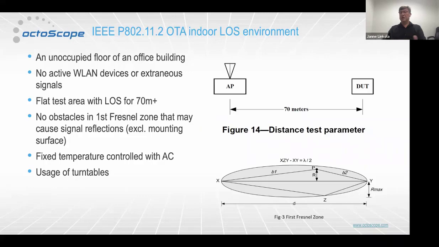We're talking about a big industrial space here. Again, no Wi-Fi devices or any kind of interferers. They also say that you shouldn't have any reflective surfaces or obstructions within the first Fresnel zone of the test link. Again, same recommendations on air conditioning and turntables.